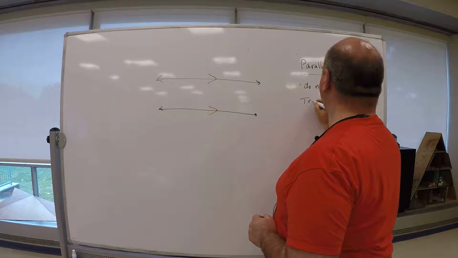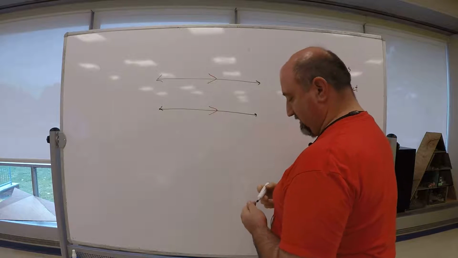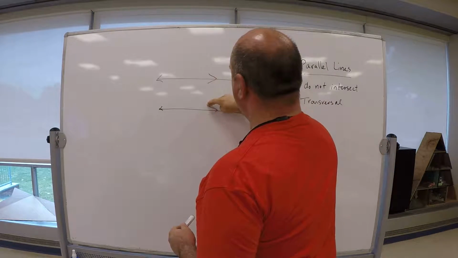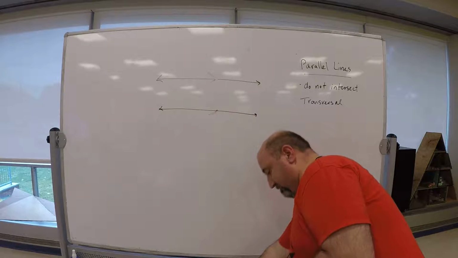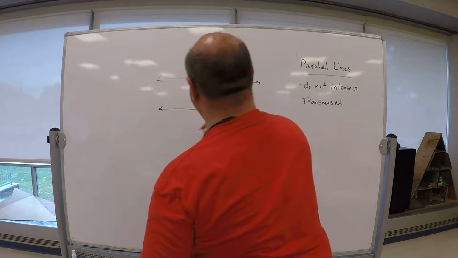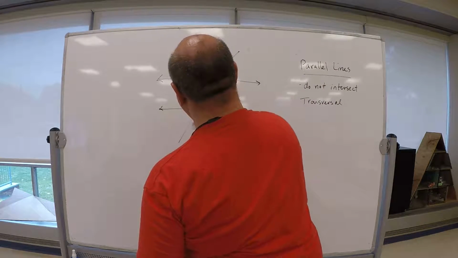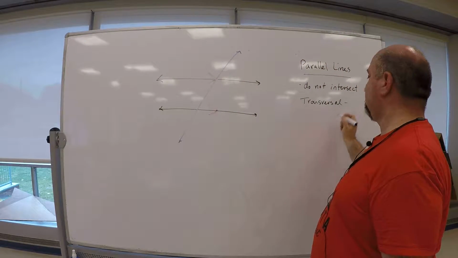And for our current topic, we're looking at what happens when you intersect these parallel lines with a third line, which I'll draw in purple here. And we're going to call this line the transversal.